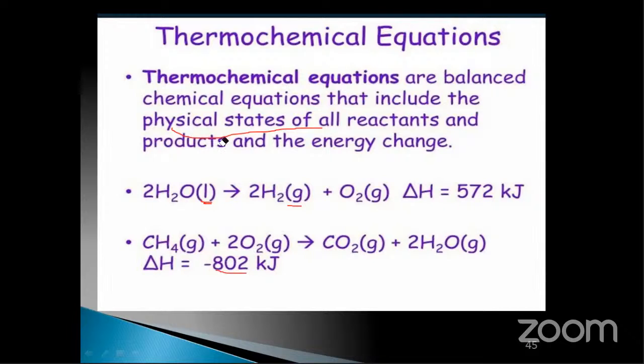Understood? So this is the thermochemical equation, means here the standard states of the substances are mentioned and the delta H value is also mentioned. This is called the thermochemical equation.